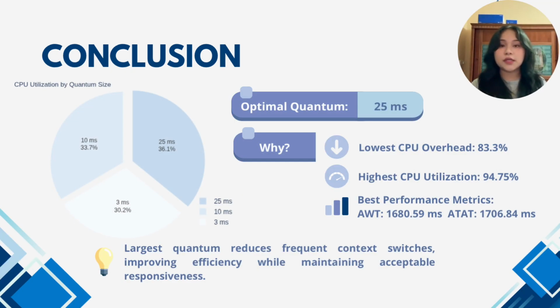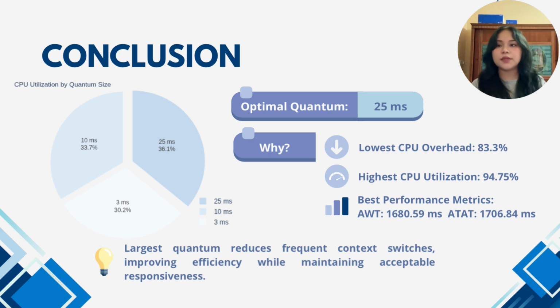I will present the conclusion for this project. To conclude, our analysis shows that the optimal quantum size is 25 milliseconds. This value provides the lowest CPU overhead at 83.3% and the highest CPU utilization at 94.75%.